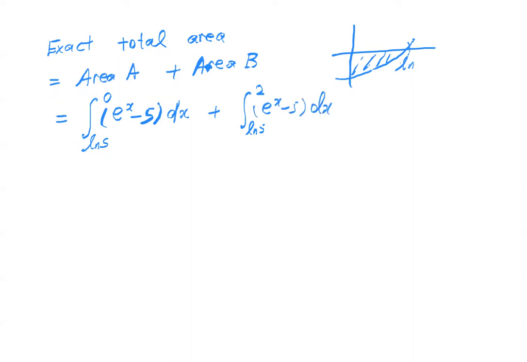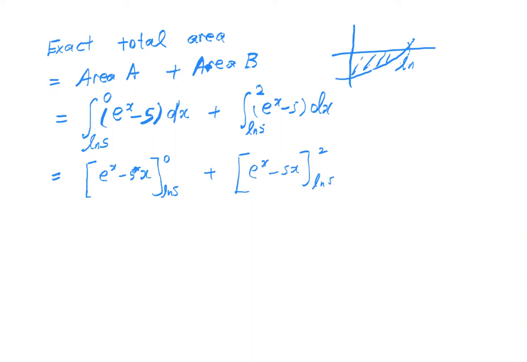So you have to patiently substitute and do. Are you clear? So the integration will be like case 2. Can you please take some time and count the exact? So it will be e to the power x minus 5x from ln 5 to 0, plus the same thing, e to the power x minus 5x from ln 5 to 2.